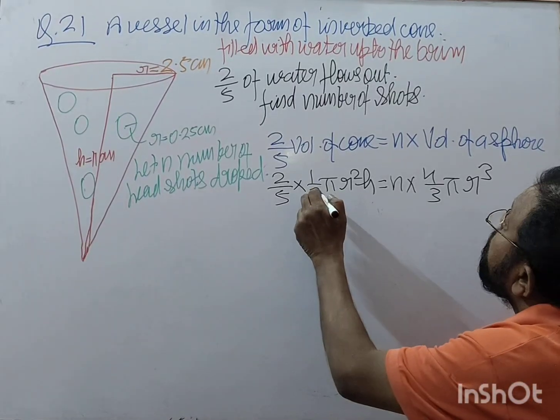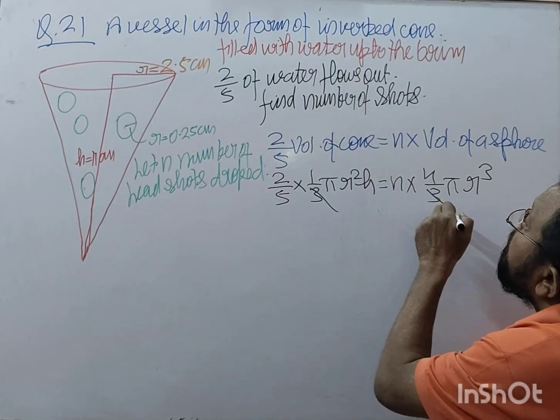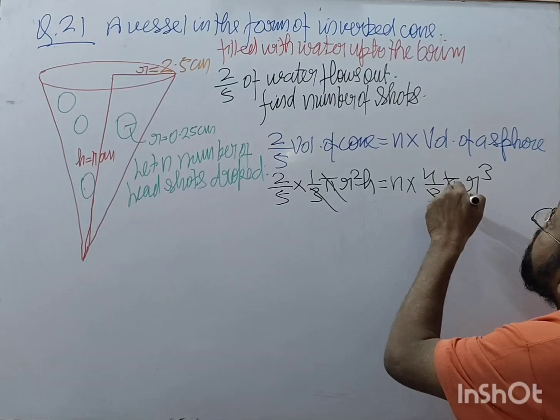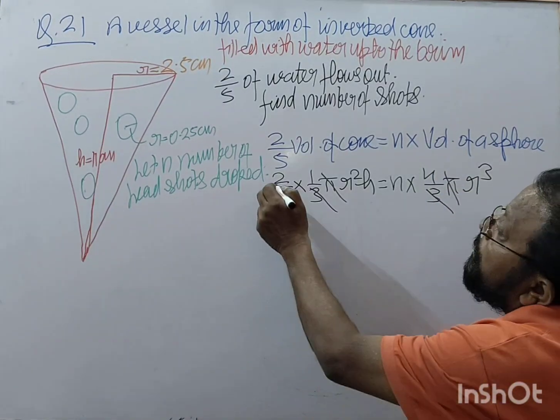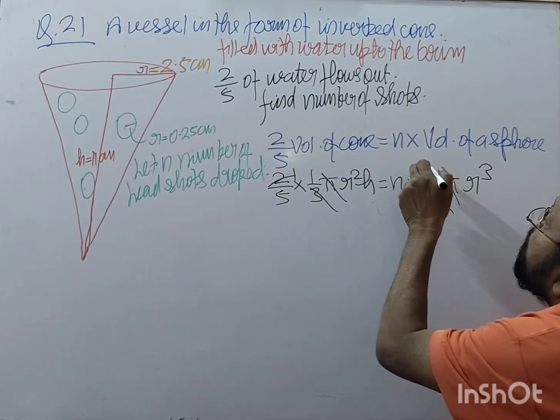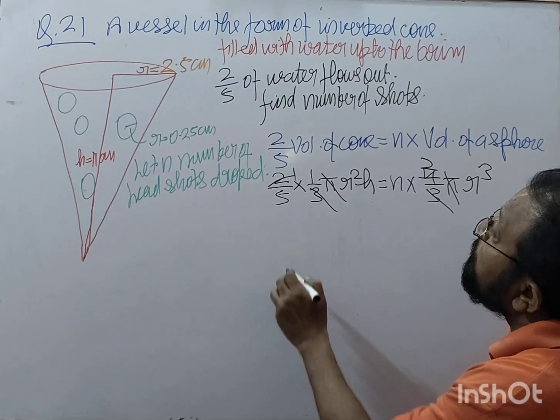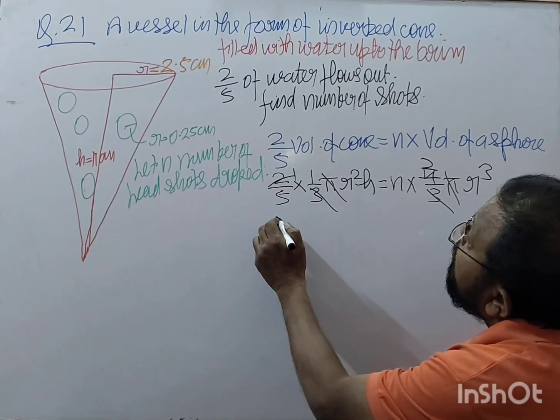So this 3 and 3 are gone, pi and pi are gone.